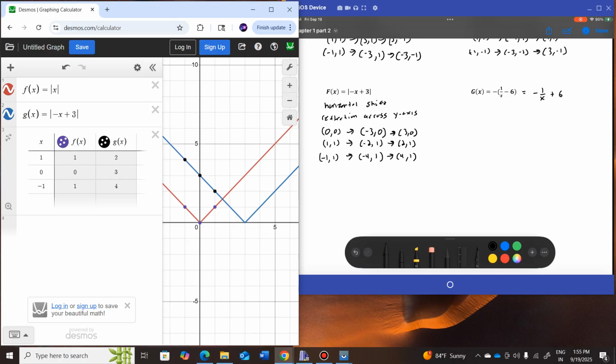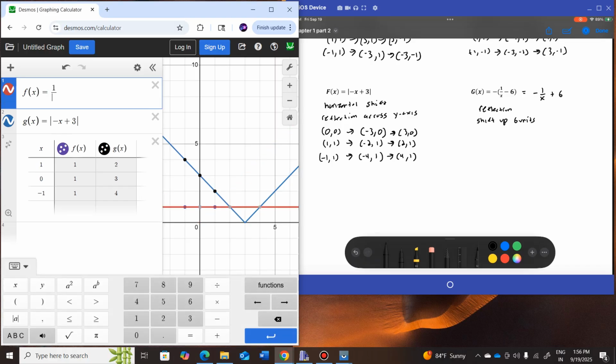Okay, helps see it a little bit better. There's a reflection, and the question is is it over the x or is it over the y? And then there's a shift up 6 units.